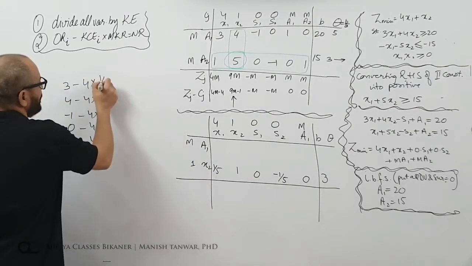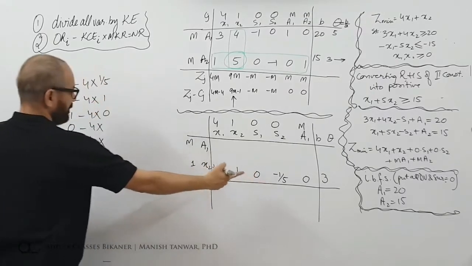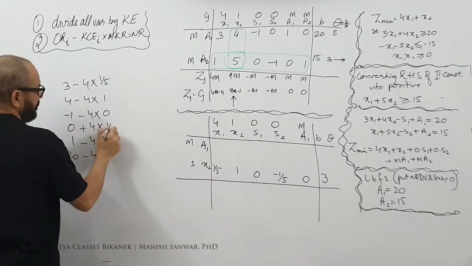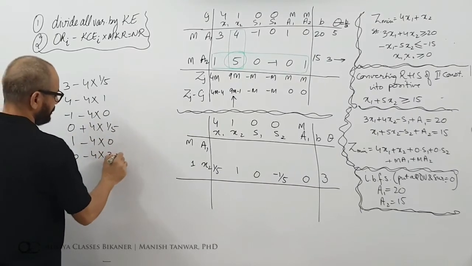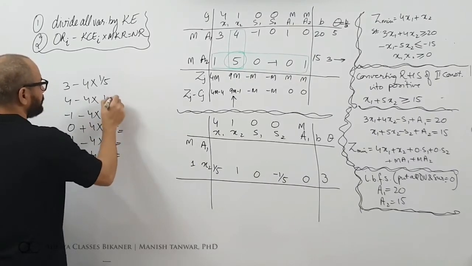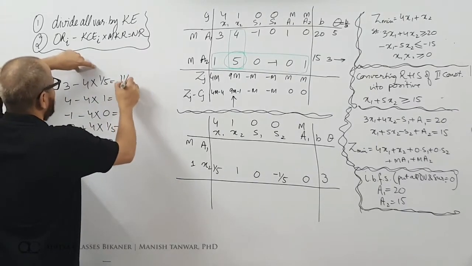Modified key row is over here, 1 by 5, 1, 0. This is minus 1 by 5, so I will put a minus over here, making it plus. Then I have a 0 and 3. This will become 15 minus 4, making it 11 by 5.